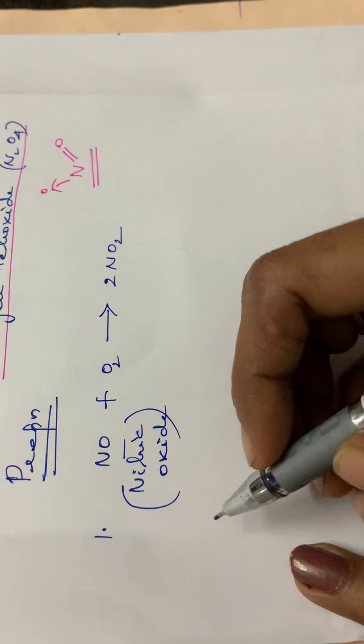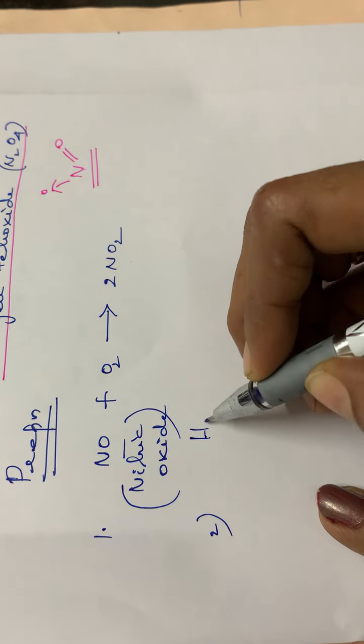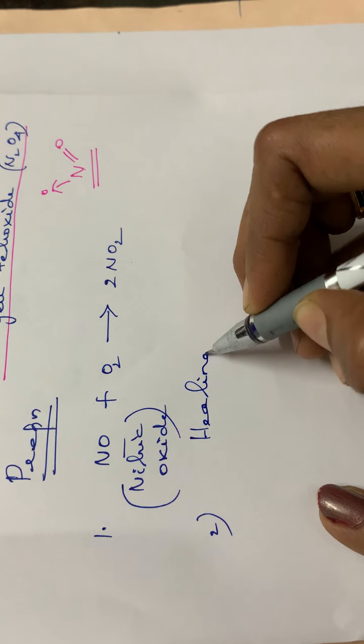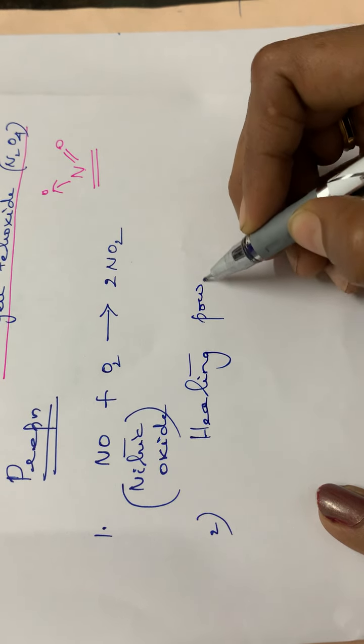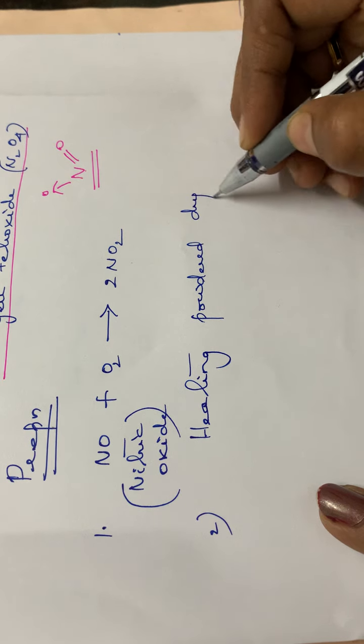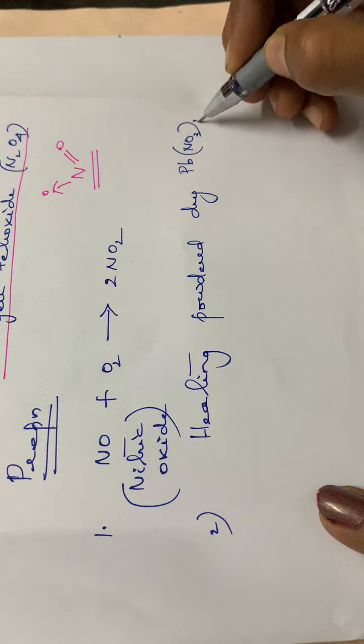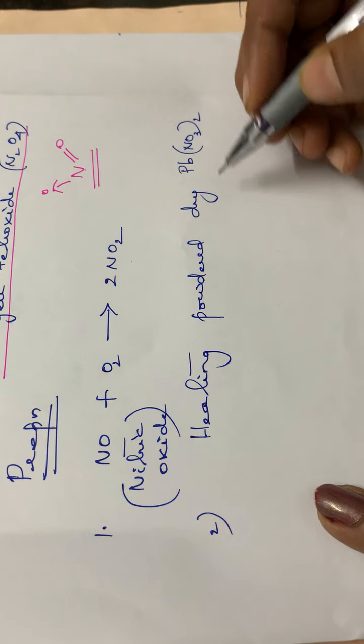Then the second method of preparation is by heating powdered lead nitrate. I think this portion I told in classroom, isn't it? By heating dry lead nitrate, Pb(NO3)2. Pb(NO3)2 is lead nitrate.